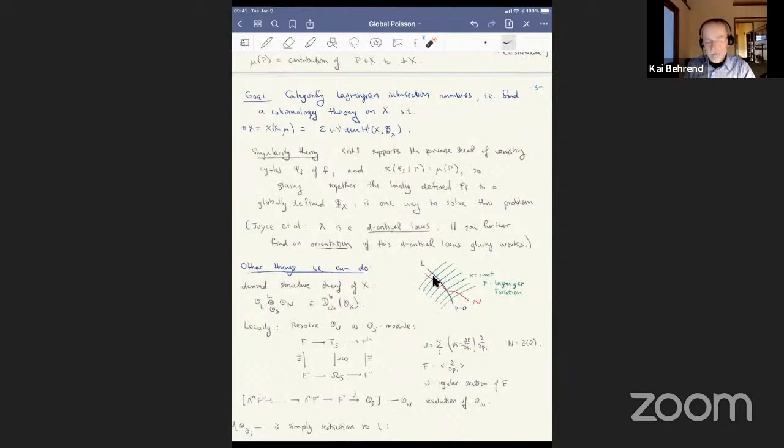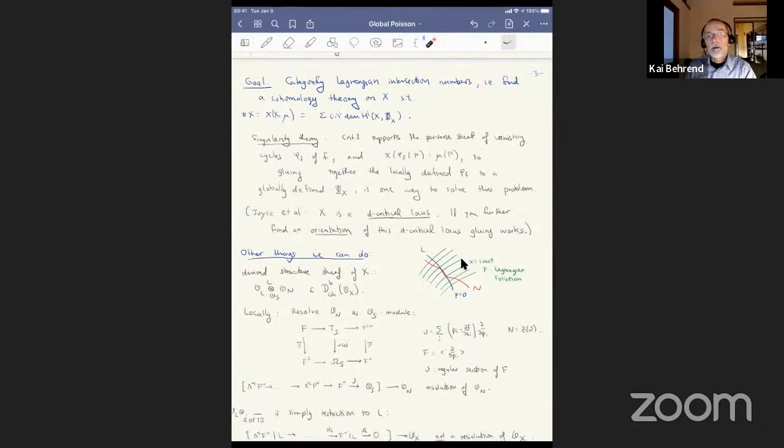I can always do that. In fact, here I can write it down for you. N was the graph of df, so in coordinates this looks like this. The pi are the coordinates on the fibers, and N is the zero locus of nu.